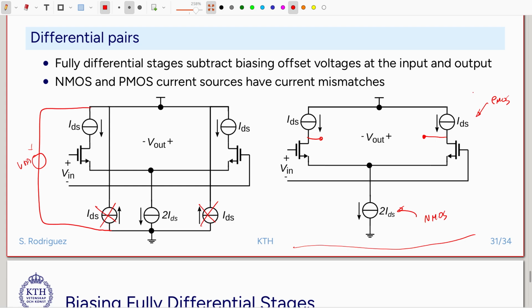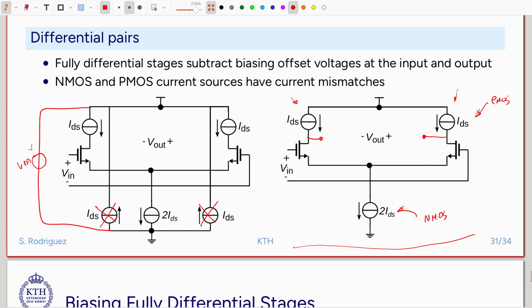Sometimes we might use resistors as loads in the differential pair, and that is perfectly okay in some applications, but very often we will use current sources. And the issue here is that when we implement current sources with different types, they will just not match. There will be a mismatch between these two current sources.